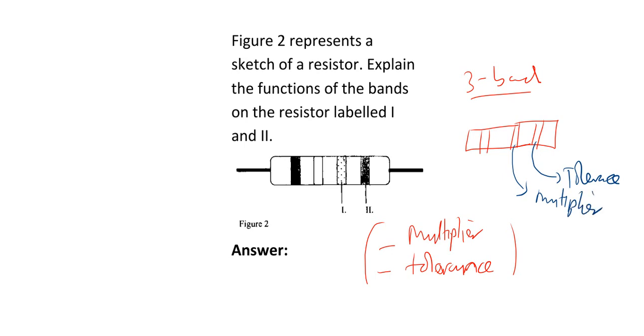So given any number of bands, you identify the last band from the right to be the tolerance band, the second from there to be the multiplier, and all the others will represent the significant digits.